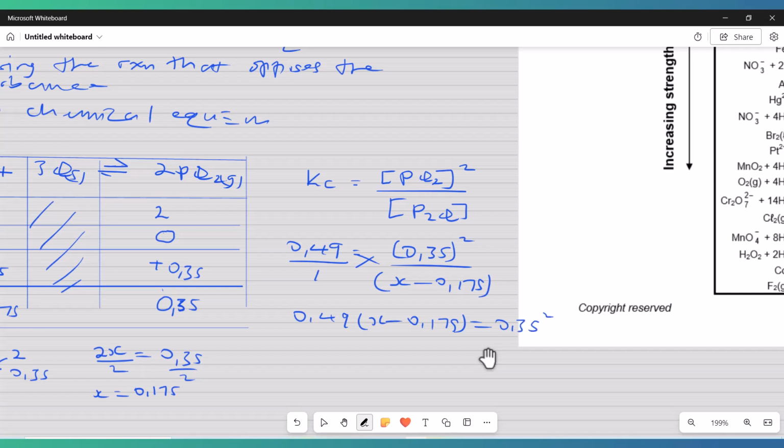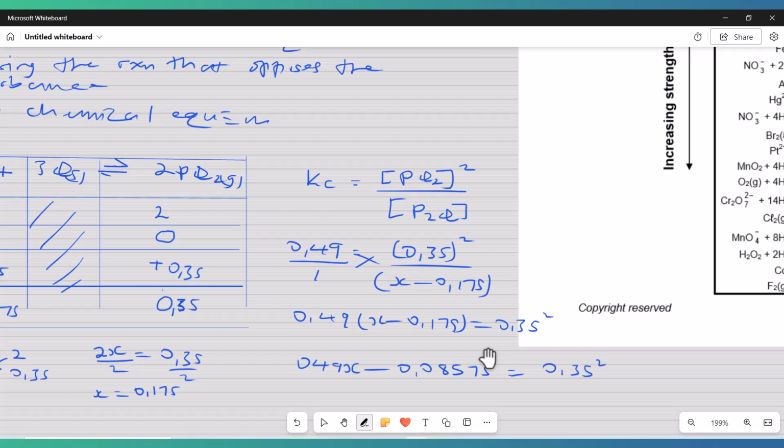So here, open bracket, I'm going to get 0.49x, okay, minus, so 0.49 times what? Multiplied by 0.175, it gives me 0.08575, okay, equals to 0.35 squared, okay.